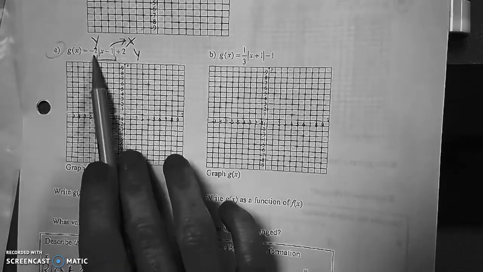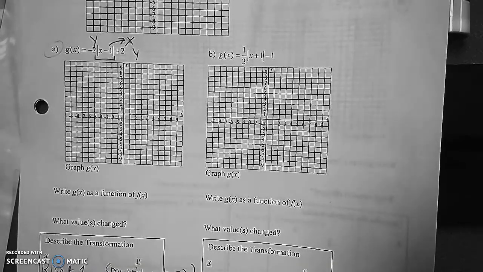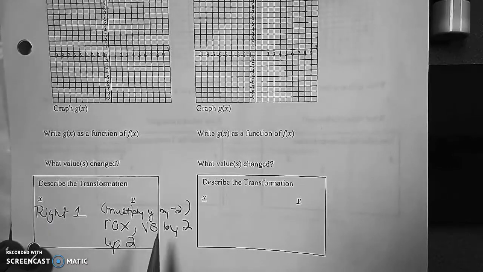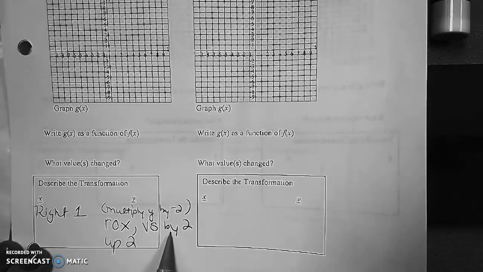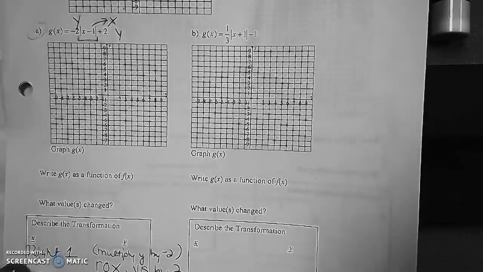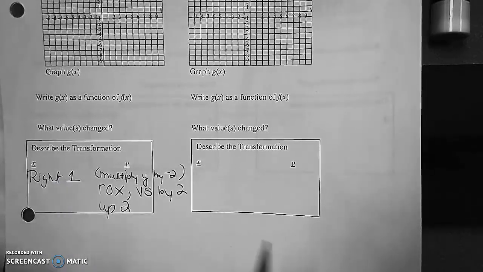This negative 2 out front is being multiplied, so we multiply y by negative 2, but that has two descriptions to it. It's a reflection over your x-axis and a vertical stretch by 2.